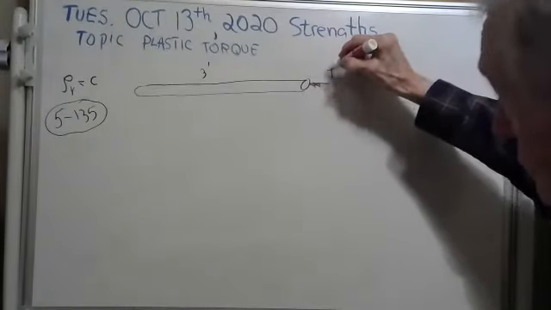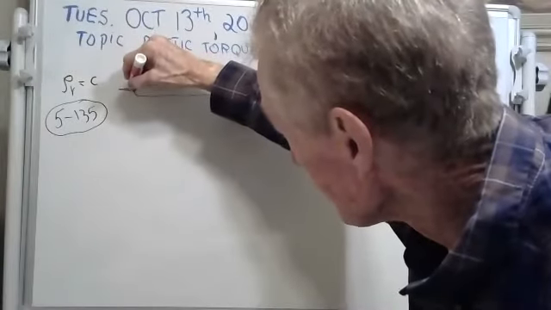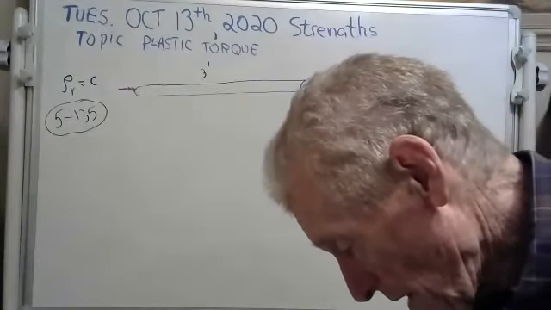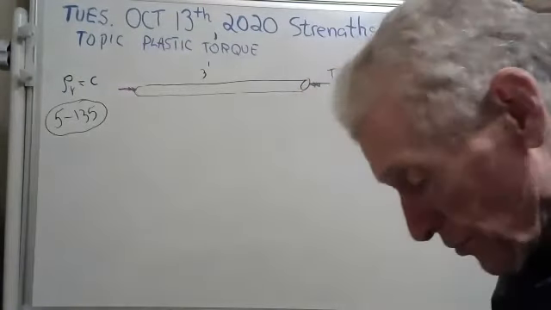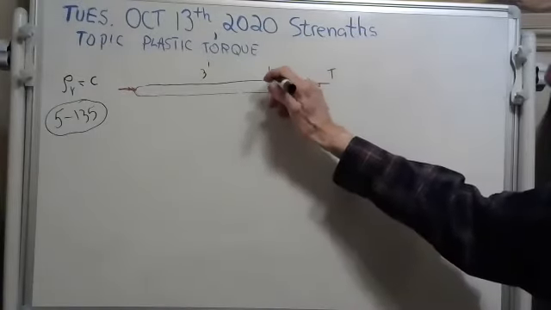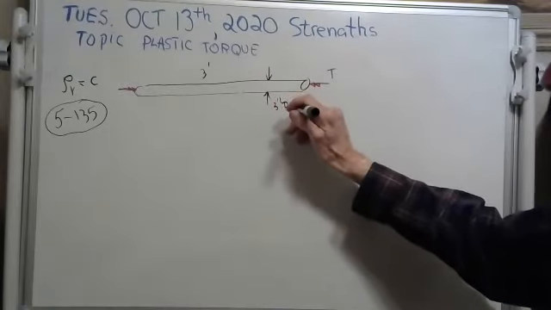It's an external torsion. Put double arrowheads on there. Do they tell you what it is? 3-inch diameter. It's a 3-inch diameter shaft. Let me write that.